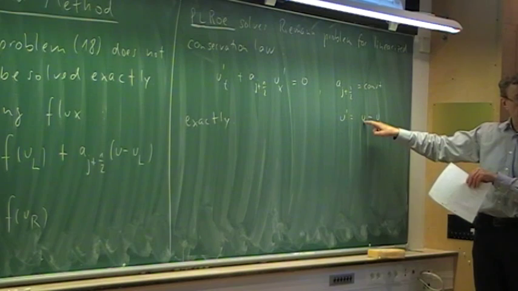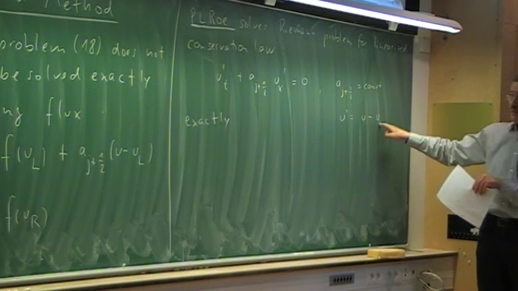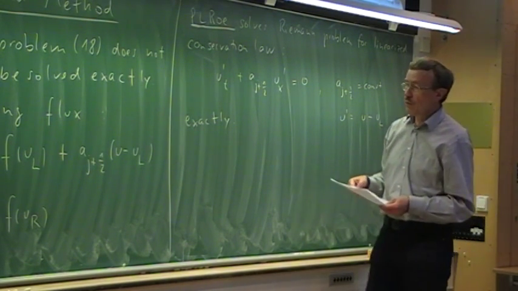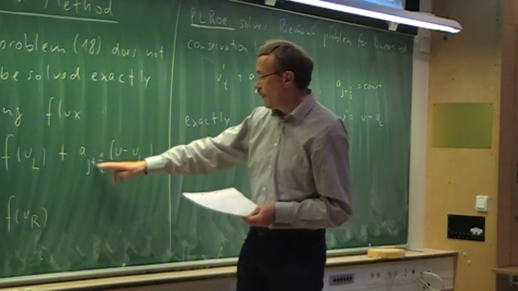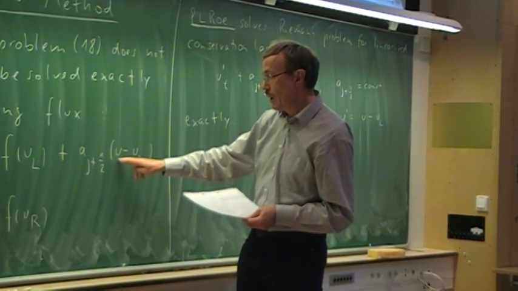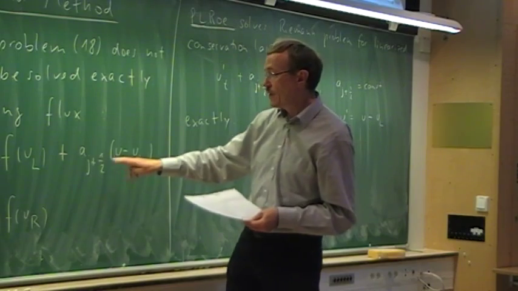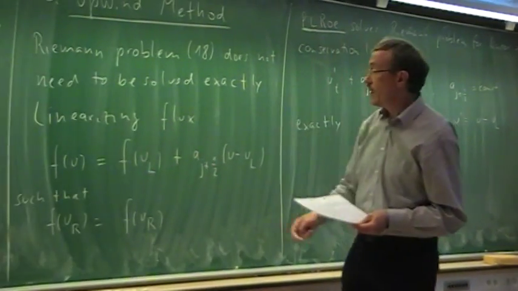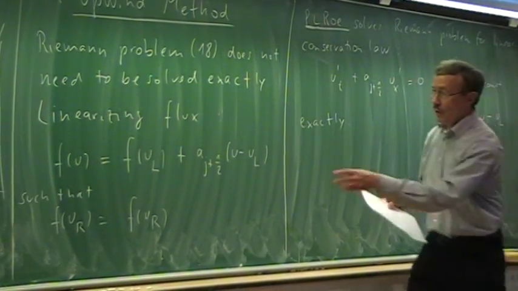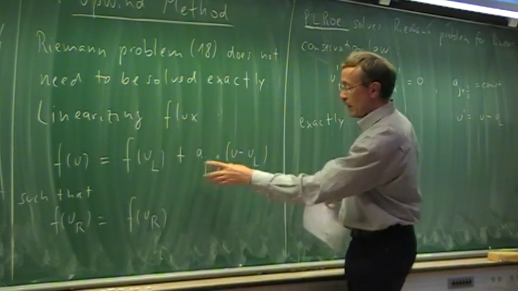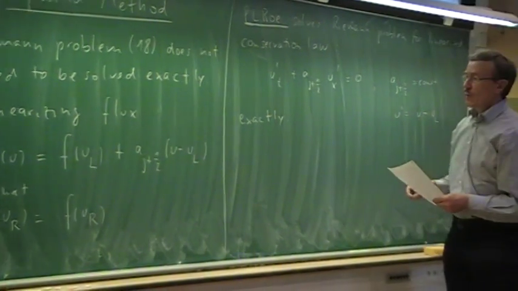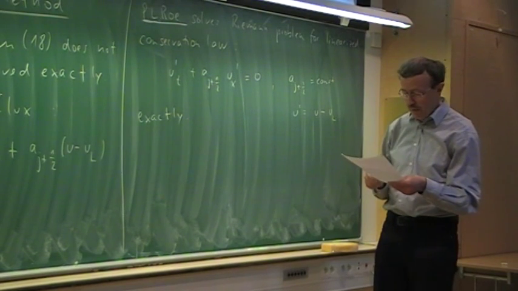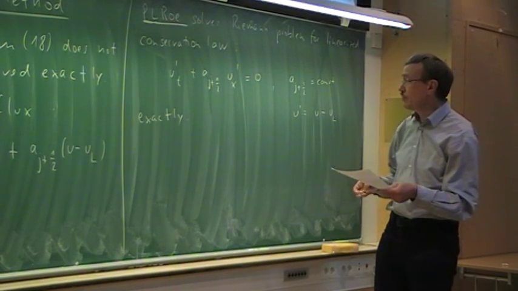When it's right, it is u right minus u left. But when it is u right minus u left, then we can insert it here, and that is then u right. So then we have f u right minus f ul is then this guy here. So we can use that to determine the flux in the end.